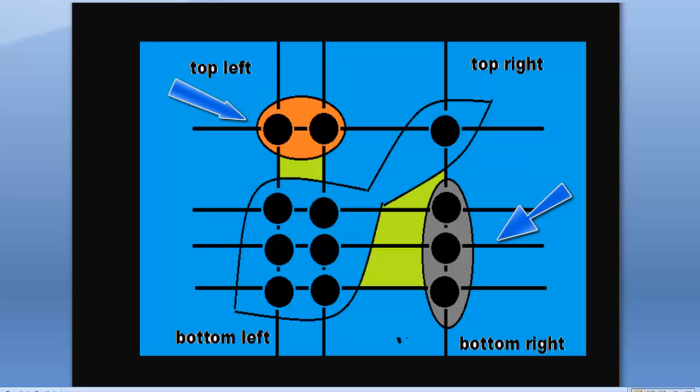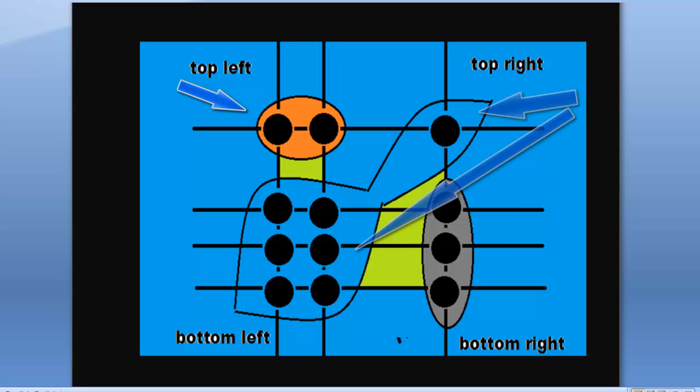Now the bottom right intersections represent the units place. The top left intersections represent the hundreds place, whereas the top right and the bottom left intersections add up to form the tens place.